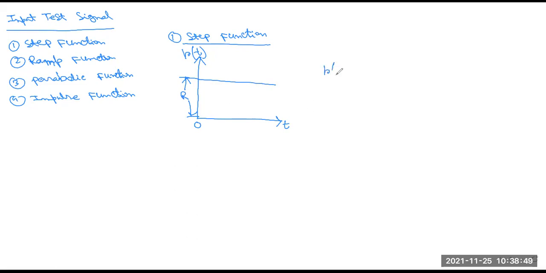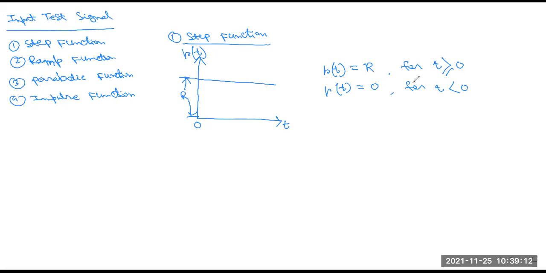This is R(t). It is equal to R when t is greater than or equal to 0, and R(t) is equal to 0 when t is less than 0.